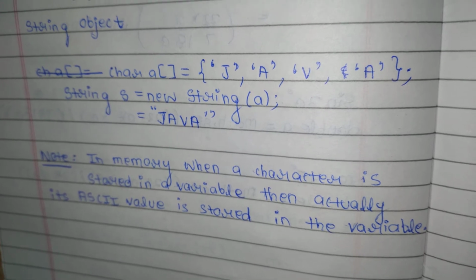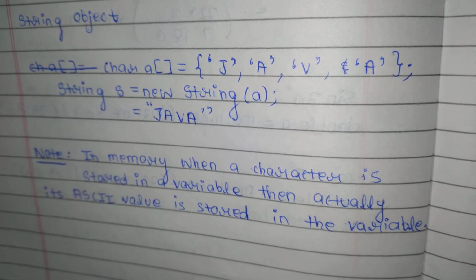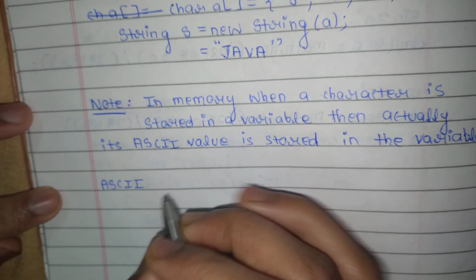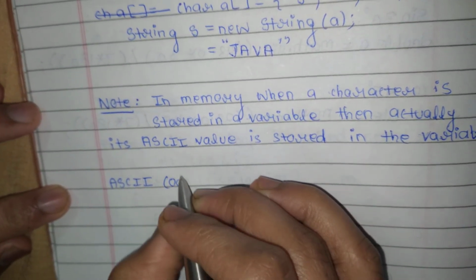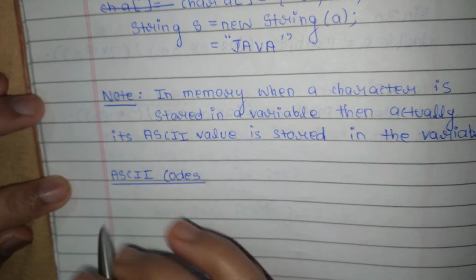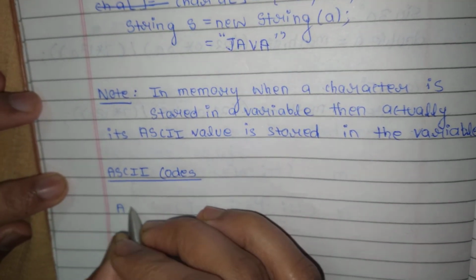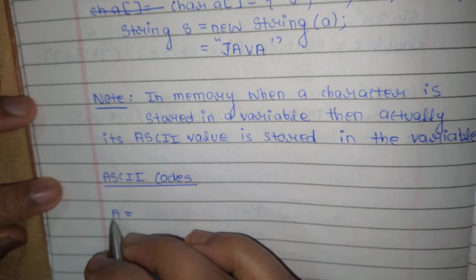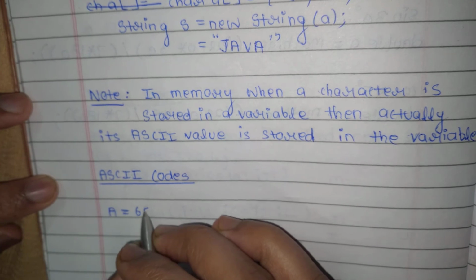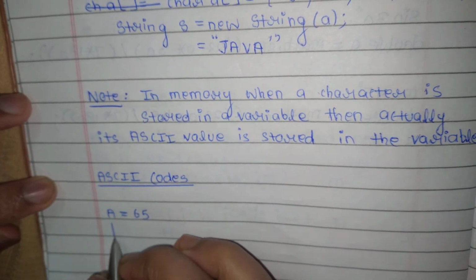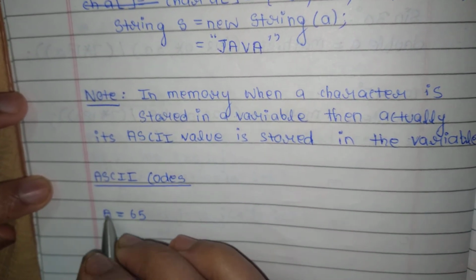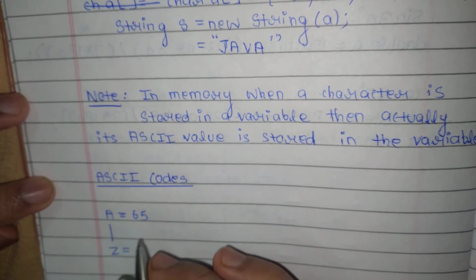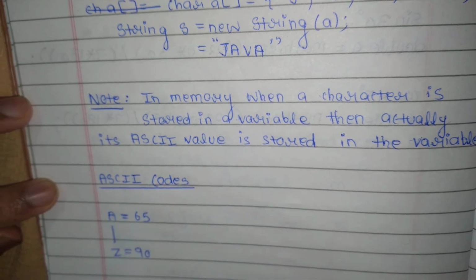Now I will tell you about ASCII code. Friends, ASCII code is a set of numbers, as capital A is stored as 65, and B is 66, then C 67, up to capital Z, which is 90.